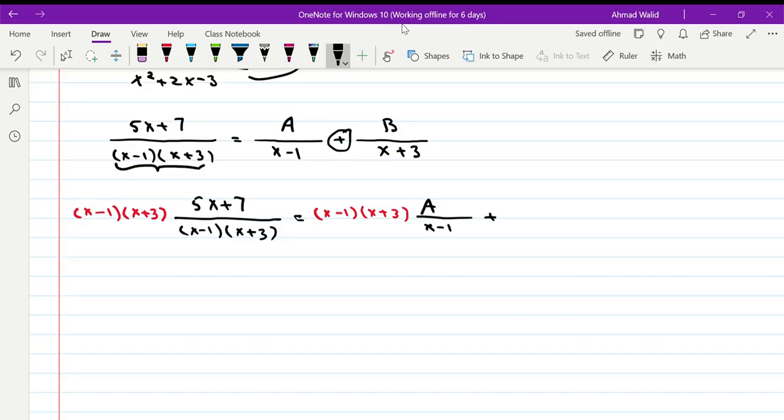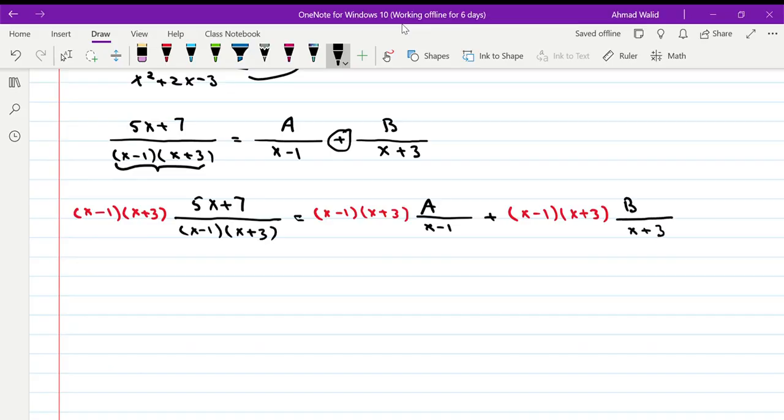And at the same time, I will multiply my second fraction, B over x plus 3, by x minus 1, x plus 3.